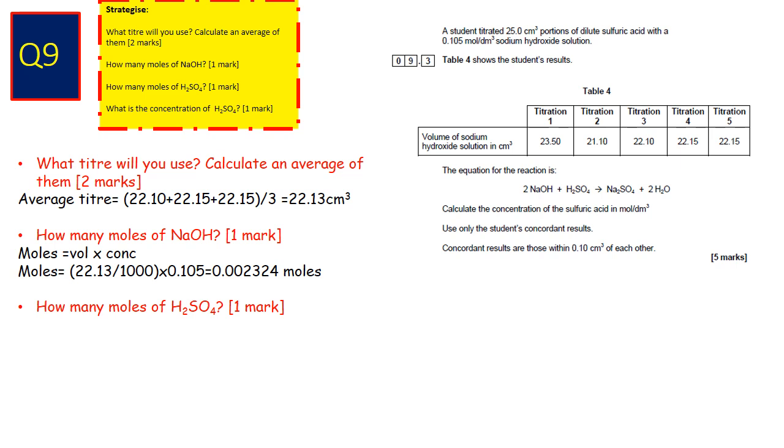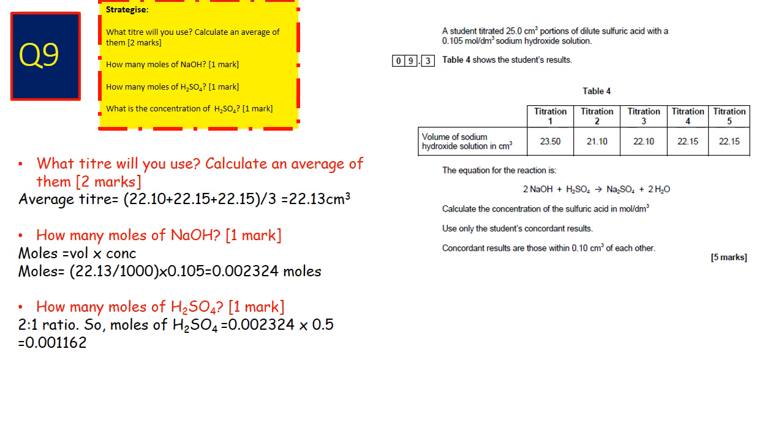So how many moles of sulfuric acid do I have? Now we've got to look at the equation. We can see that the sodium hydroxide to sulfuric acid has a 2-to-1 ratio. So for every mole of sodium hydroxide, I'm going to use half that number of the sulfuric acid.